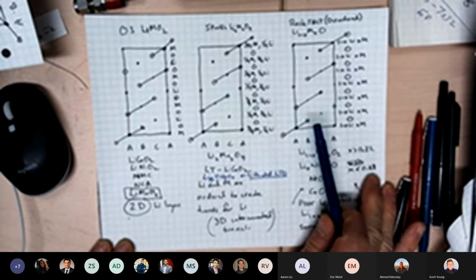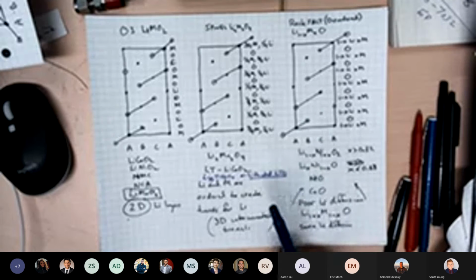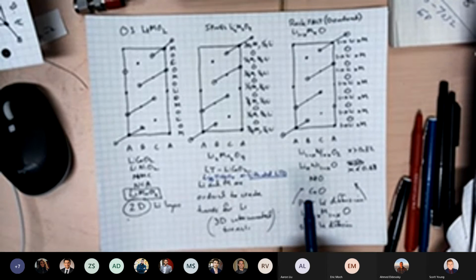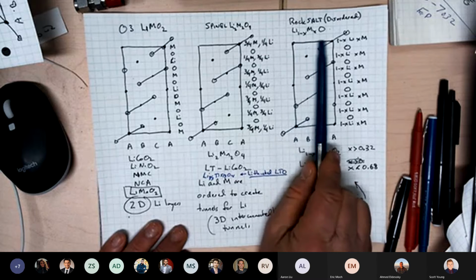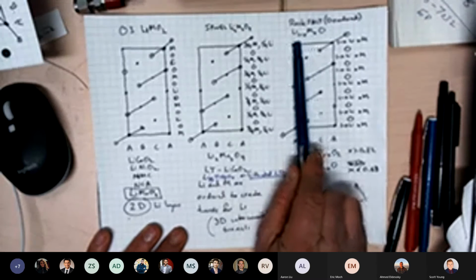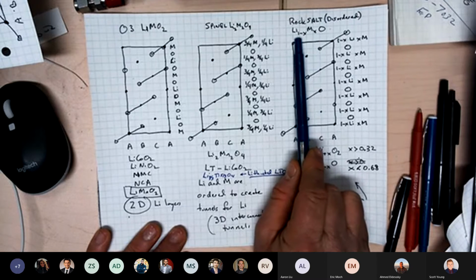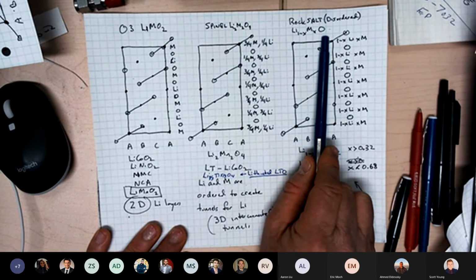Okay, then what is rock salt? Well, rock salt is the sodium chloride structure. And these materials, lithium transition metal oxides, will often take on a disordered rock salt structure, where the number of cations is equal to the number of anions.